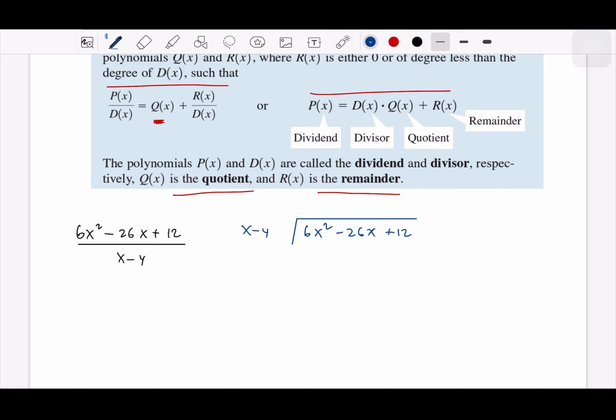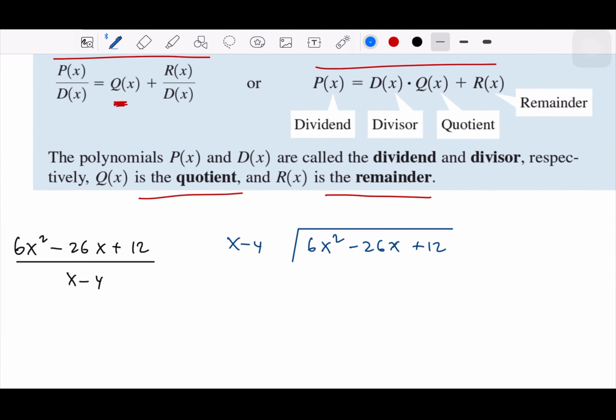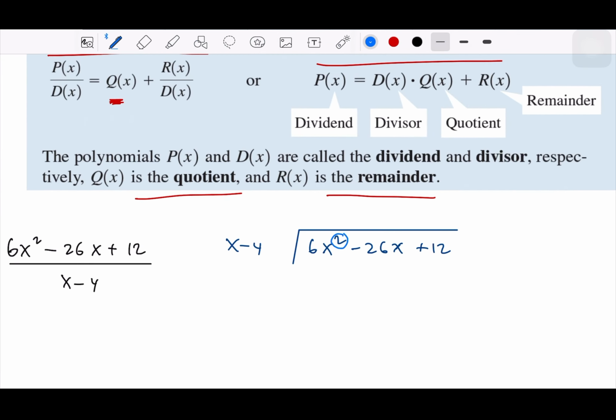So how do we do that? We start by looking at the highest degree, which is x squared, and it has 6x squared, so we are going to multiply x minus 4 by 6x. Now we get 6x squared minus 24x, and we need to subtract this.